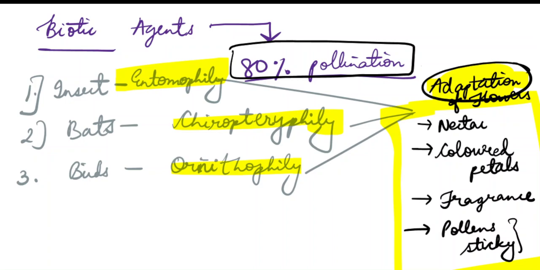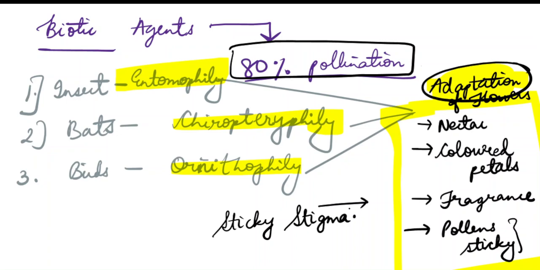Here in the biotic agents, these flowers have an adaptation of a sticky stigma. This adaptation was not there in wind pollination and the like. There the stigma was feathery, but here the stigma is sticky.